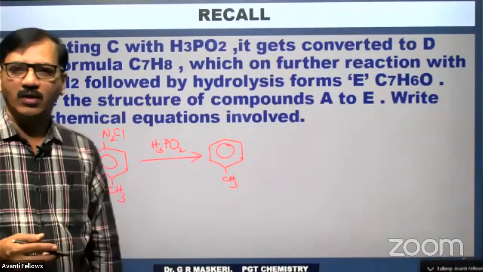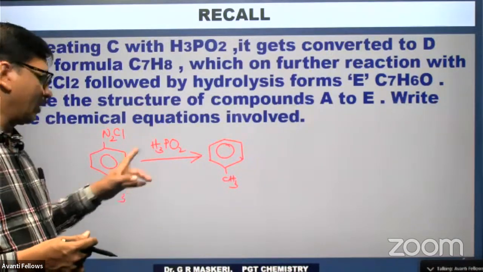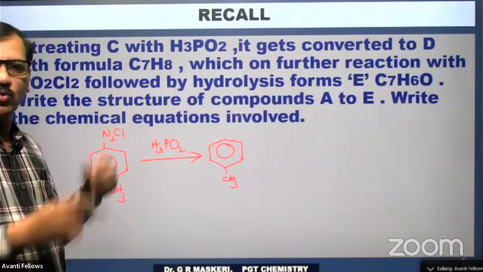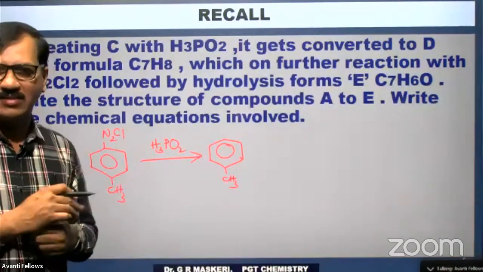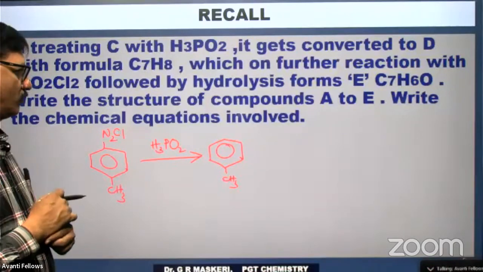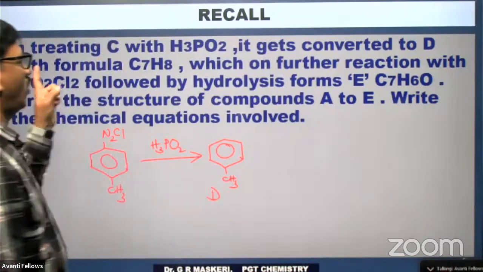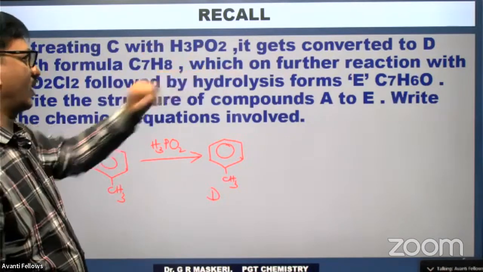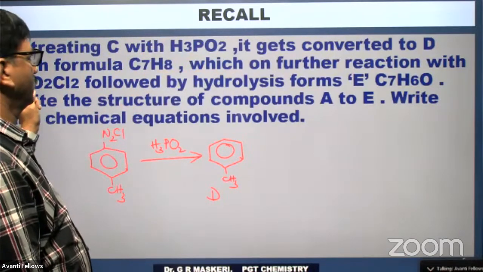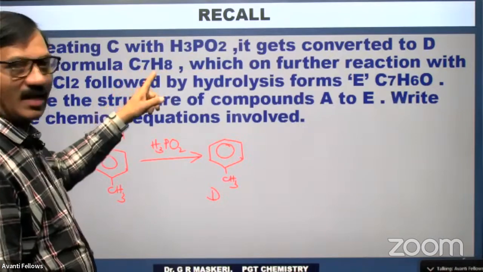H3PO2 will convert this into a benzene ring. This nitrogen, N triple bond N, leaves as N2 gas. Now this is D, right? On treatment of C with H3PO2, it gets converted into D with the molecular formula C7H8.